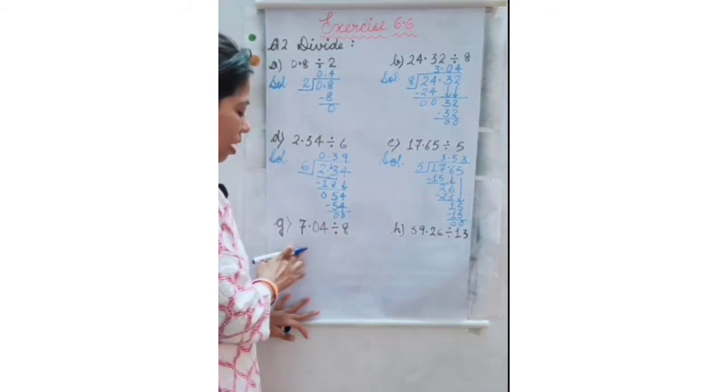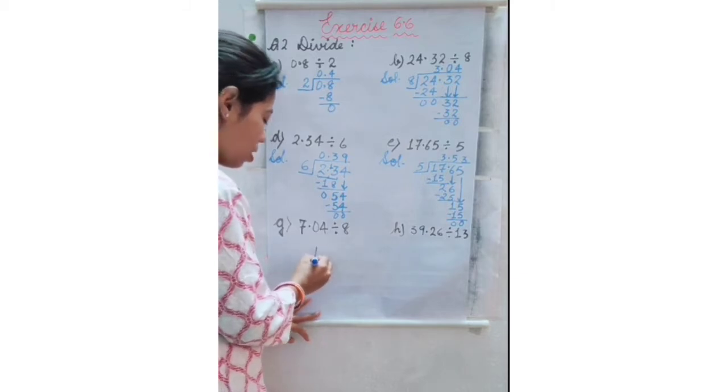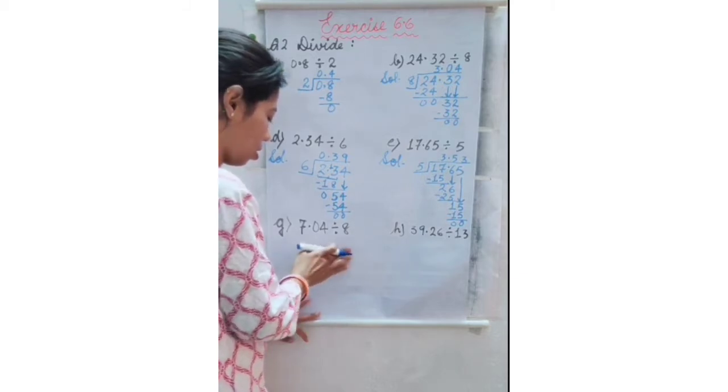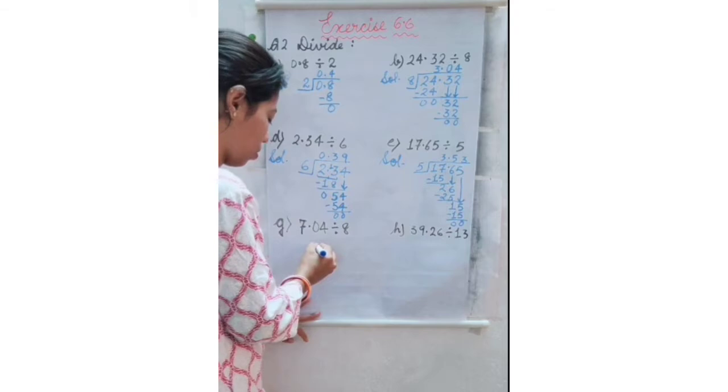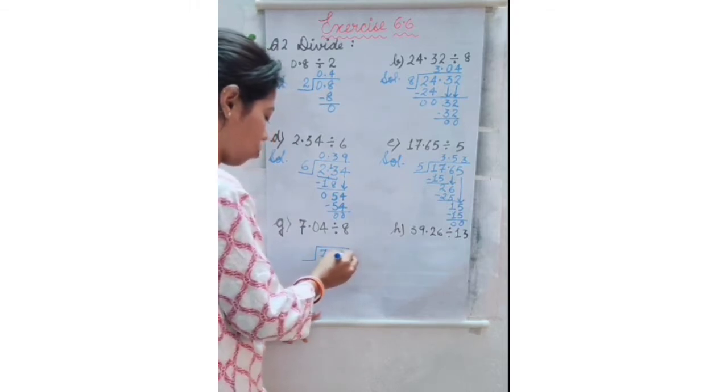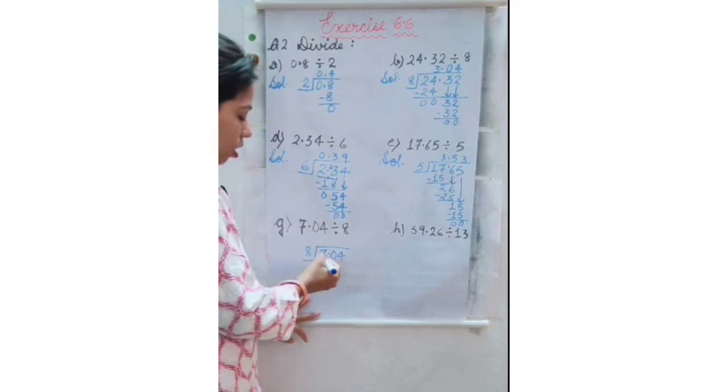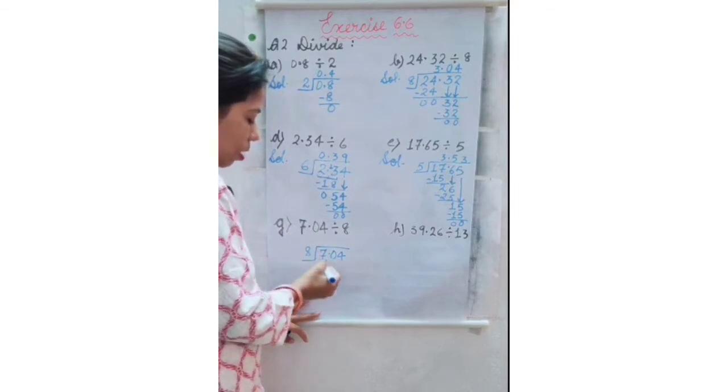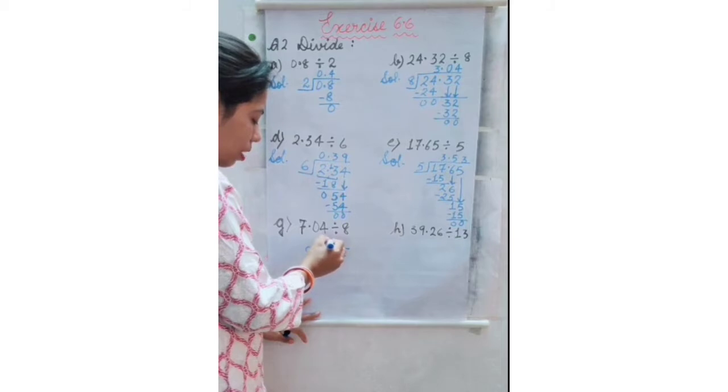Next G part is 7.04 divided by 8. Here we cannot divide this 7 by 8, so we will place decimal first.